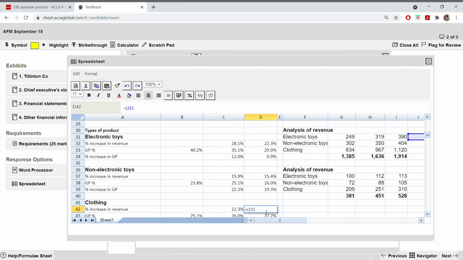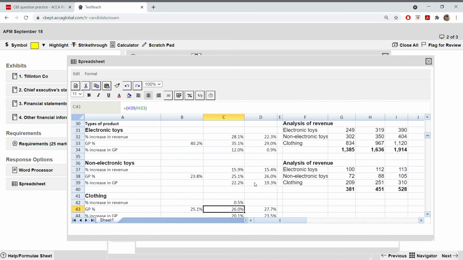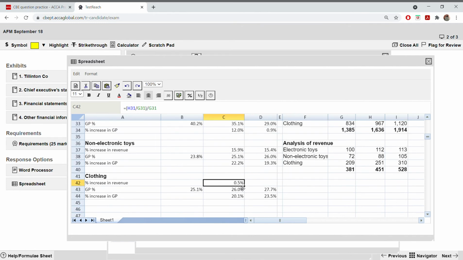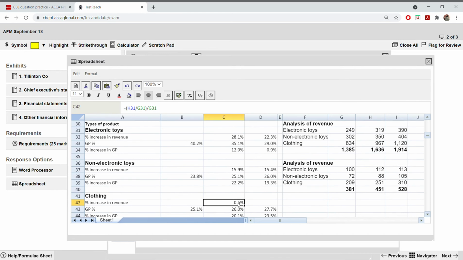So what you have to do is, percentage increase in revenue equals this minus this, divide by this. Oh, sorry, this is for clothing.